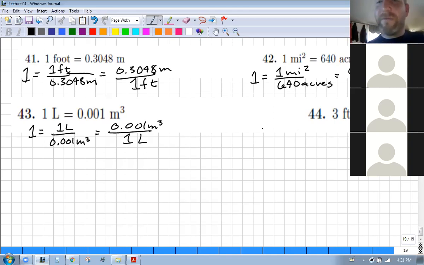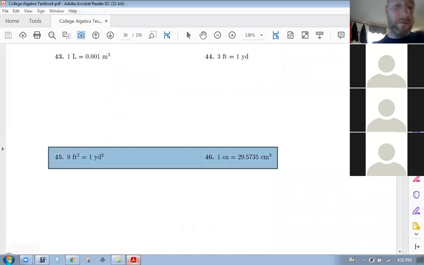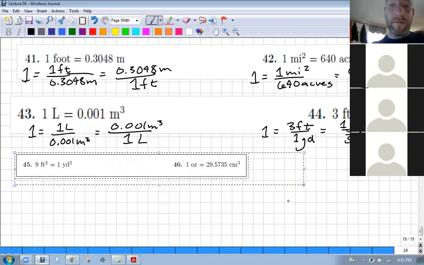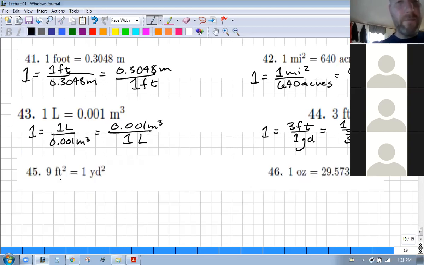1 yard is 3 feet. So comparing 3 feet to 1 yard, or compare 1 yard to 3 feet. So we get some more here. All right, 9 feet squared is 1 yard squared. That should make sense. If 3 feet is 1 yard, right?